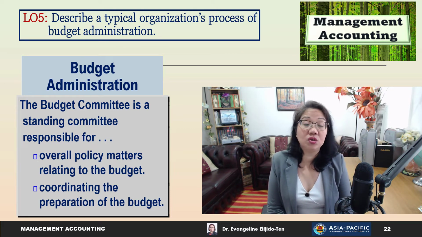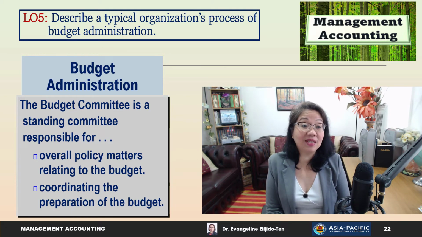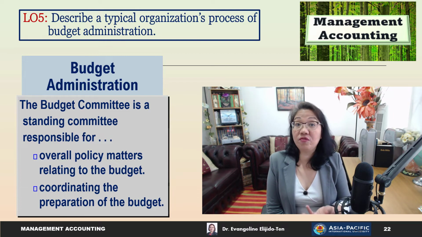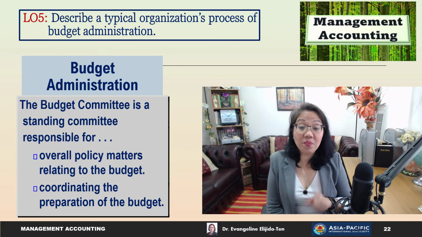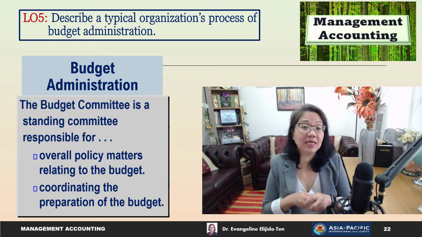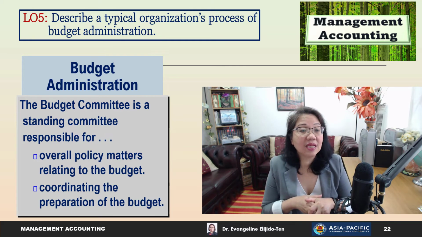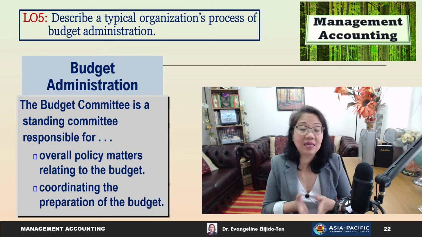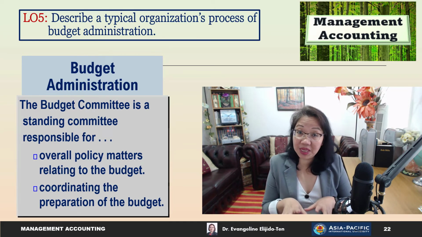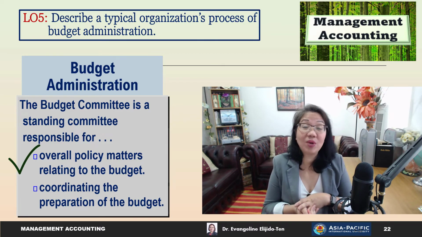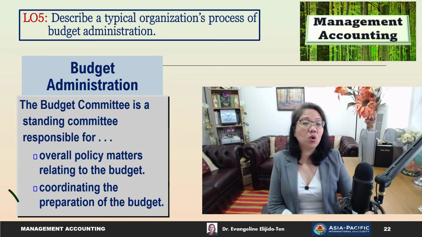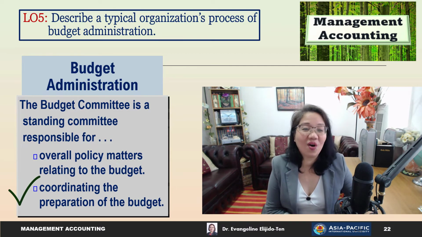Such organizations usually designate a budget director or a chief budget officer, which is often the financial controller of the company. A budget committee consisting of the key senior executives often is appointed to advise the budget director during the preparation of the budget. This committee is responsible for policy matters relating to the budget and coordinating the preparation of the budget.